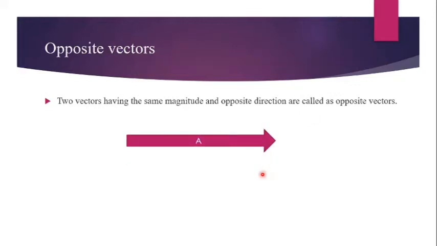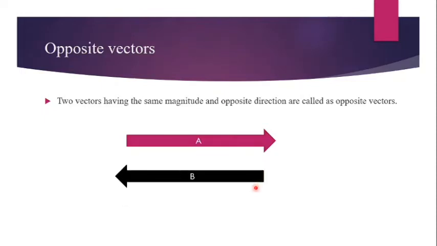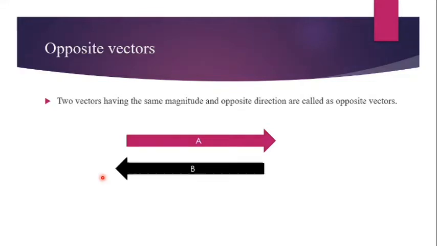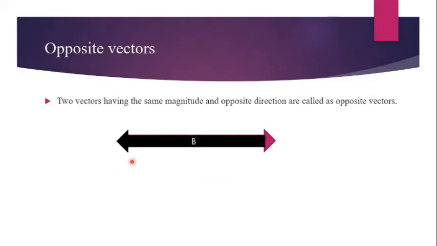Consider the vector A and another vector B. Their directions are opposite, as we can see here. Vector A has its direction towards the right, and vector B has its direction towards the left, but their magnitudes are the same.